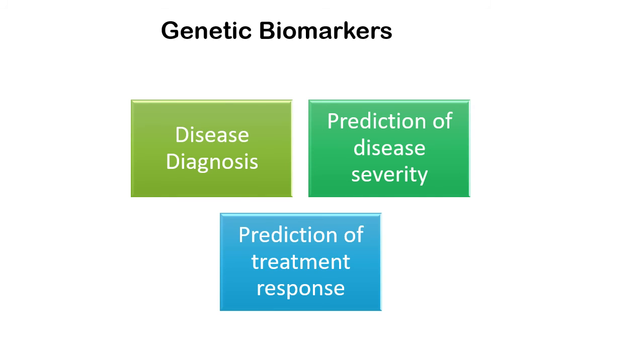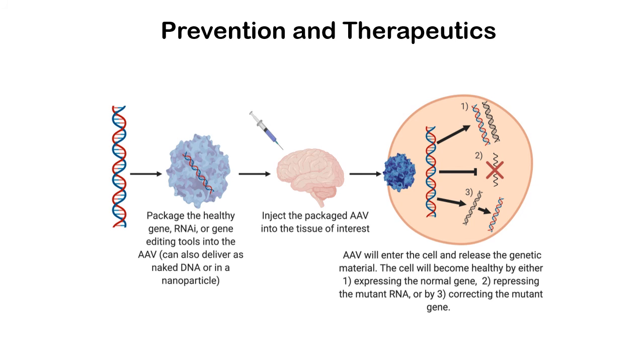So we can use genetic biomarkers to diagnose disease, predict the severity of disease, as well as to predict treatment responses. Genetic research is important for developing and identifying new and novel preventative and therapeutic strategies to treat specific diseases.